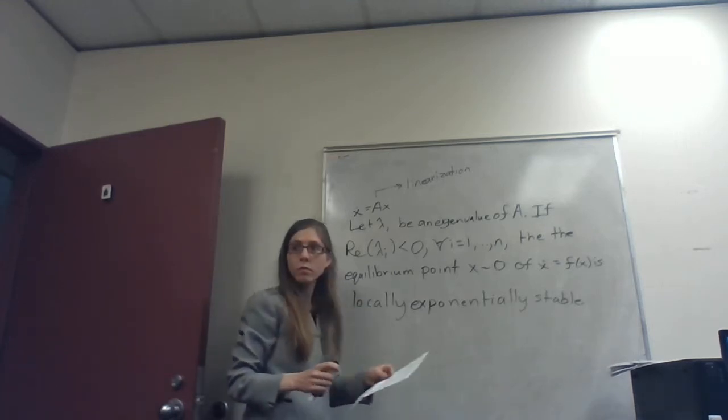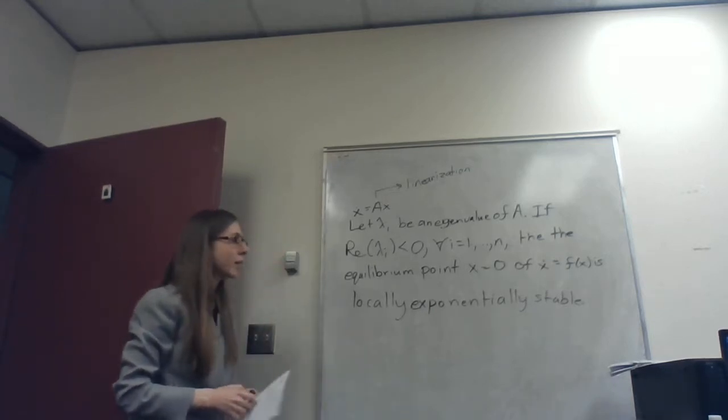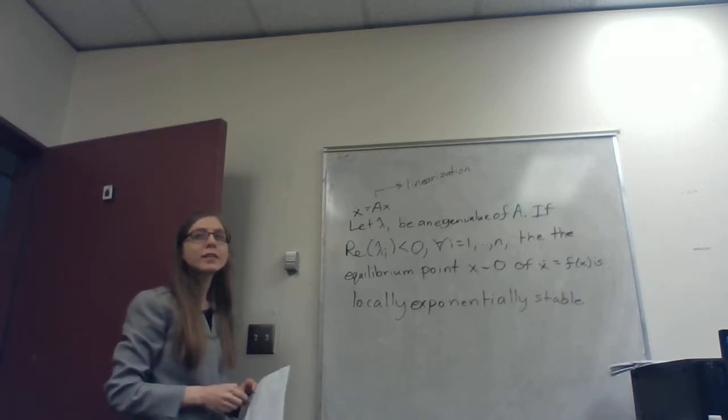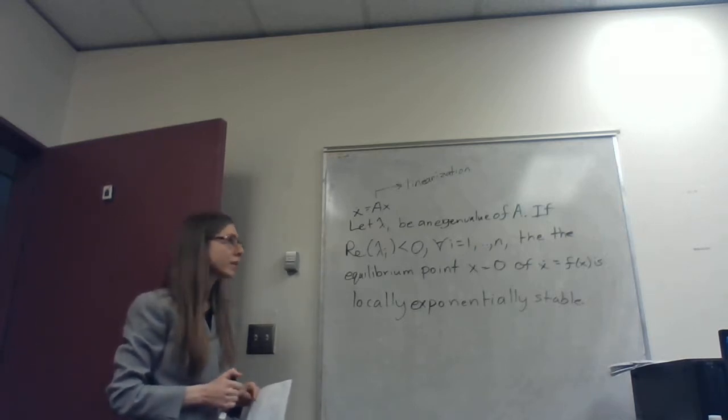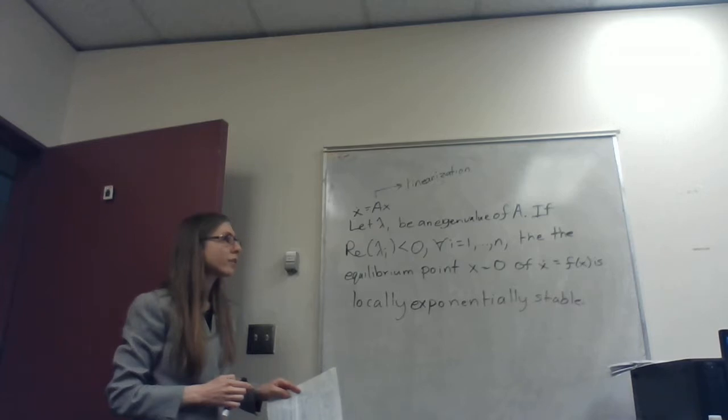Can you show this in a graph or in a plot? The difference with exponentially stable, I don't quite remember, that's why I'm hesitant to comment exactly, but it's not really a difference qualitatively.